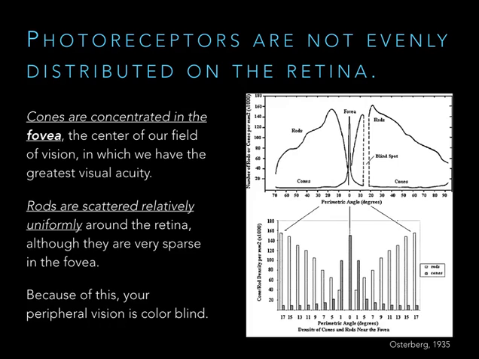The rods are actually at a low point in the fovea because it's dominated by cones, but when you look in the periphery, there's a whole lot of rods, except of course for that blind spot where the optic nerve leaves the retina. So that means that your peripheral vision, believe it or not, is absolutely colorblind.